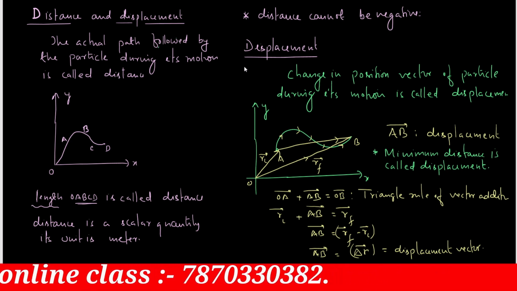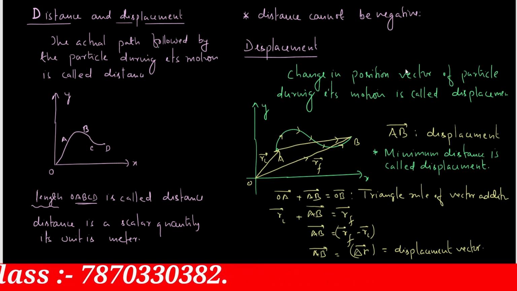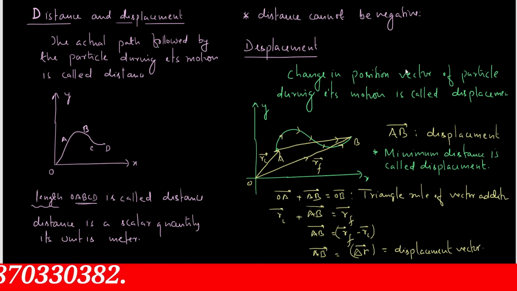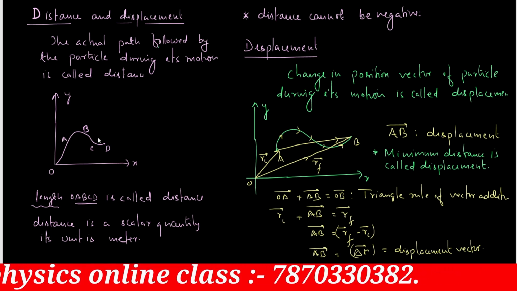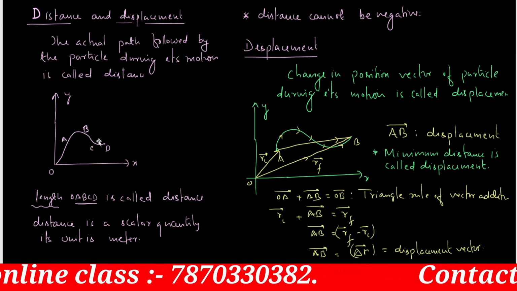And one more thing: displacement can be negative, zero, or positive. But distance is always either zero or positive. It cannot be negative.